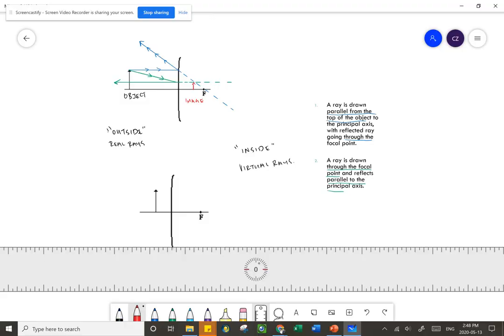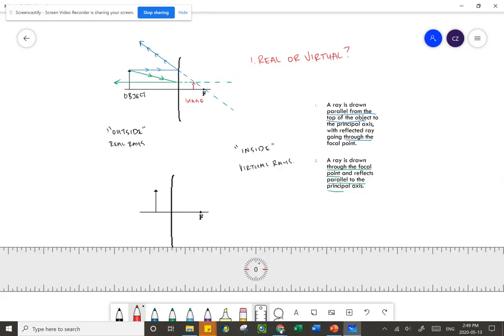Okay, so a few things I can report about this image. First thing you're going to always ask about those images is, is it a real image or is it virtual? So first question we're going to ask is, is it real or is it virtual?